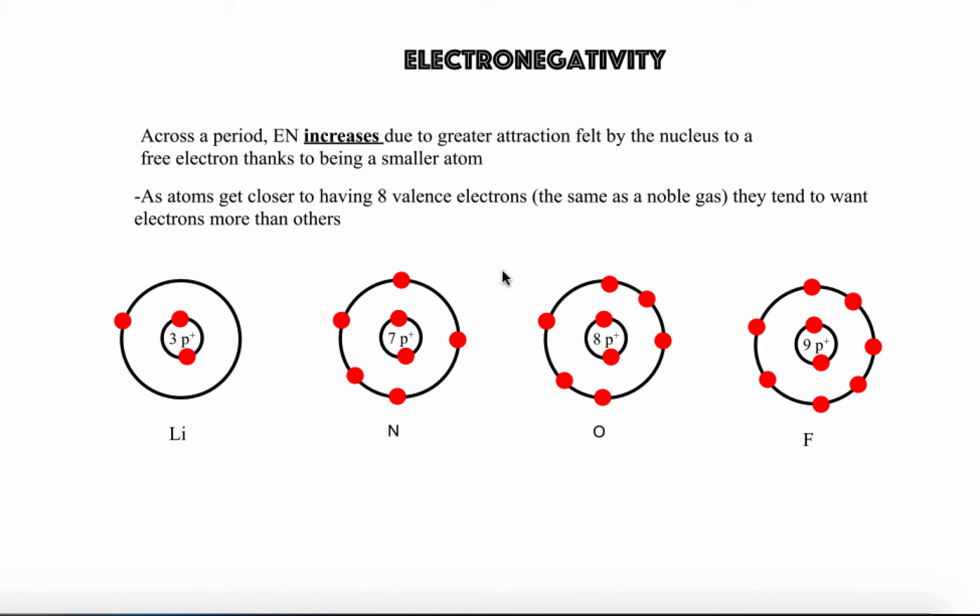You can also think of it as an atom getting closer to 8 valence electrons, the noble gas number of valence electrons, so they're going to want it more. Fluorine, which only needs 1 more valence electron, is going to want that last electron so much more than something like nitrogen, which needs 3 more. So that's another way to look at it, to consider which element is going to have a higher electronegativity.